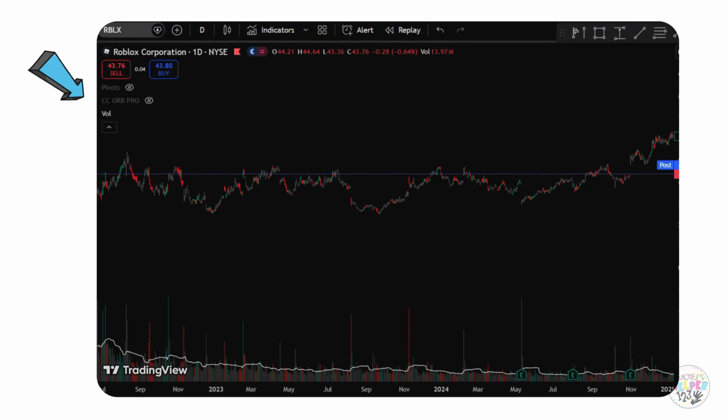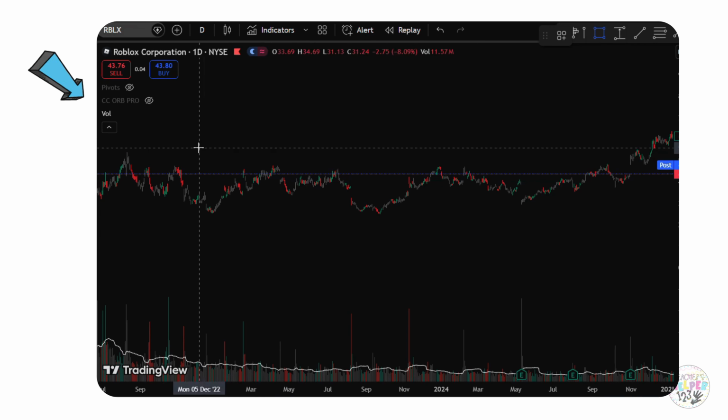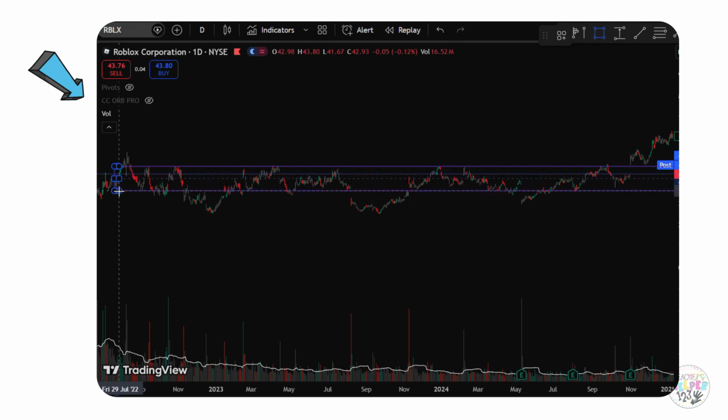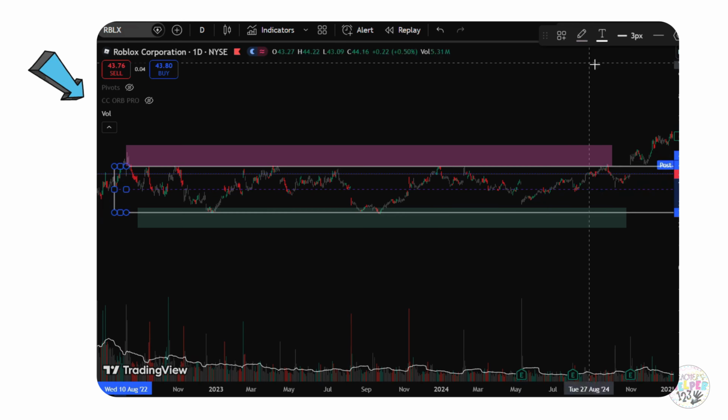So this is Roblox, and I know I showed you how to mark off support and resistance with a line, but the best way is to mark it off as a zone, because with the line, some of the points can fall through it. But if you mark it off as a zone using a rectangular box, I'll start up here, the top, all the way to the bottom. Let's change this to white so you can see it.